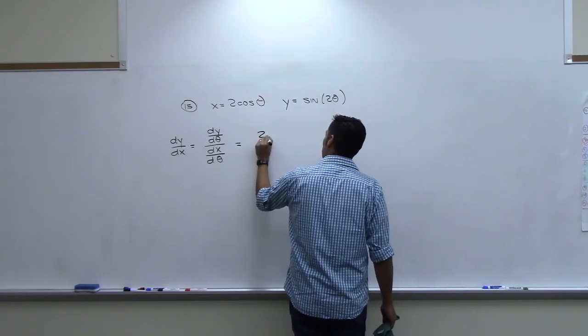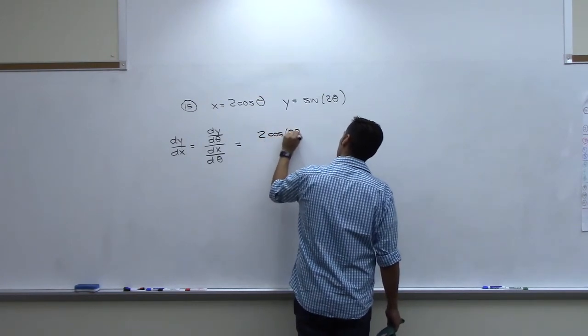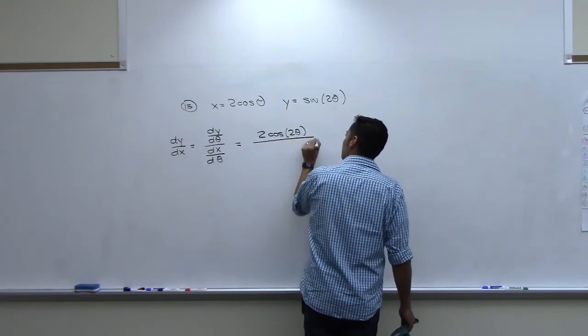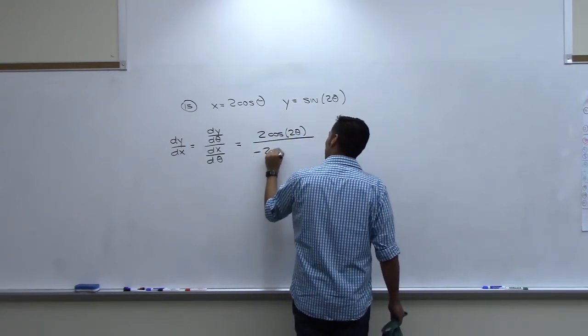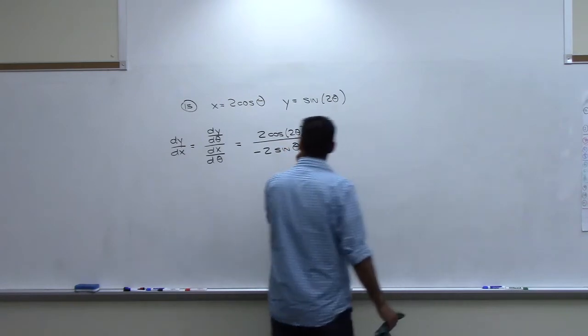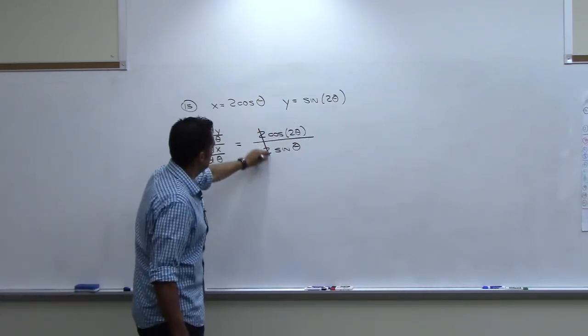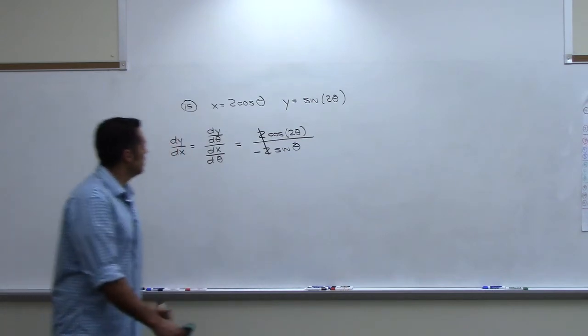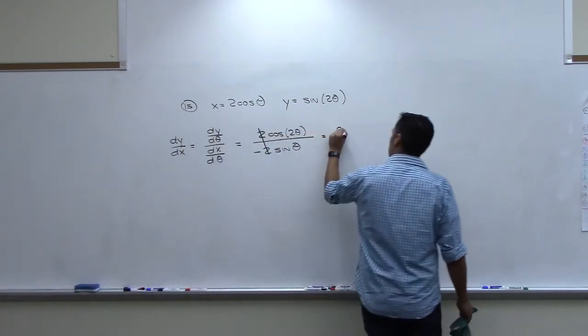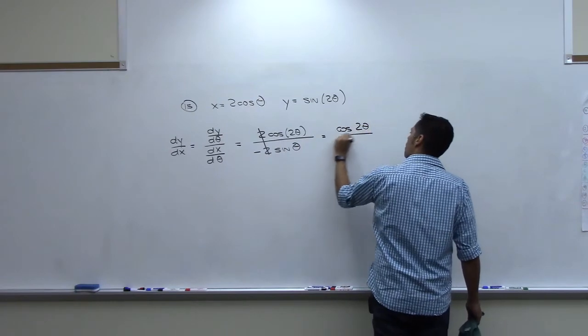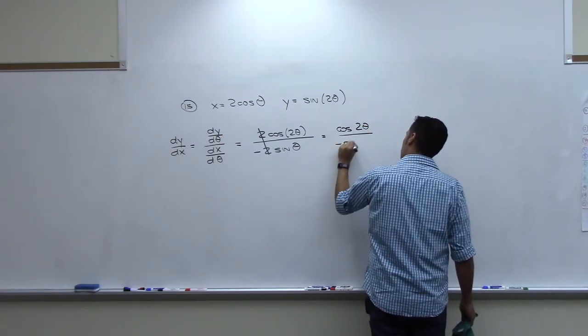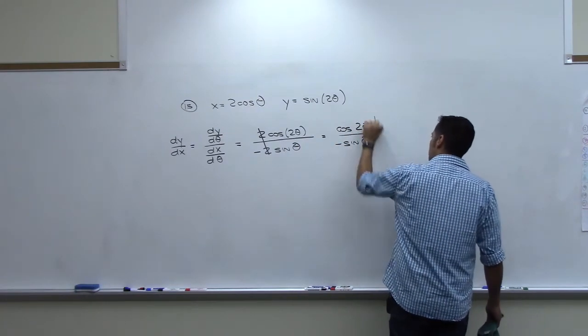No, that's all right. 2 cosine 2 theta. And then for the other one, negative 2 sine theta is the derivative of the other one. We can cancel the 2's. So we have cosine 2 theta over negative sine theta. That's our derivative.